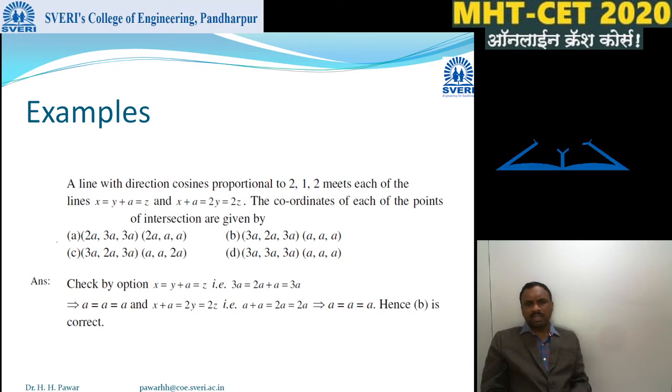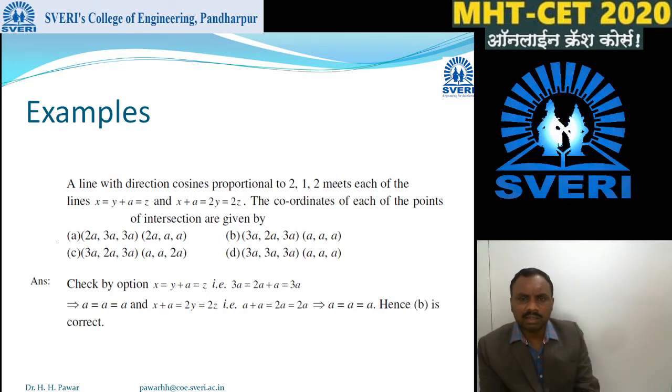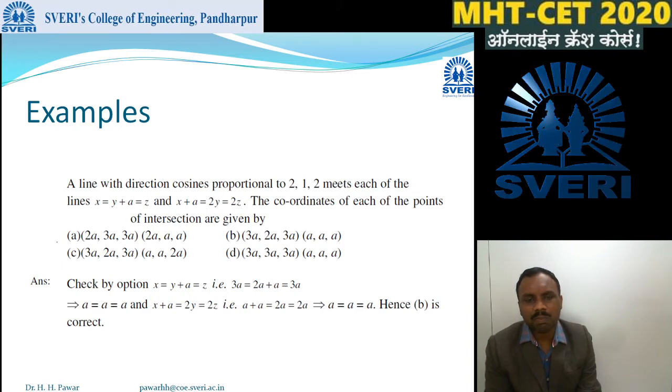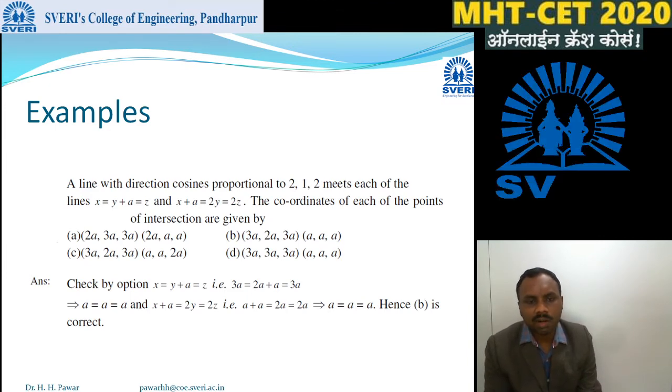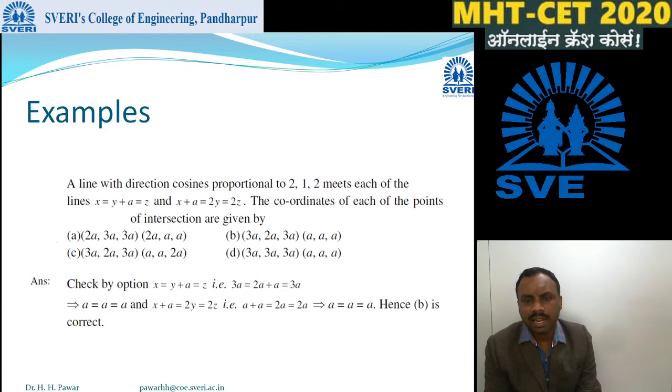As the equation of the line is given to you, directly check by option, that is x equal to y plus a equal to z. Put x equal to 3a: in the first option we check 3a is equal to 3a plus a, which is 4a, which is wrong. So go for the next option B: 3a equal to 2a plus a is equal to 3a, as it is correct.